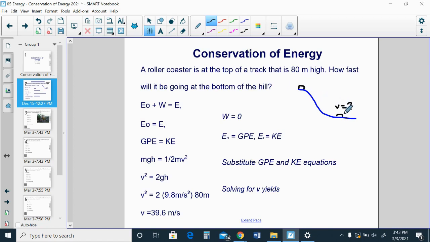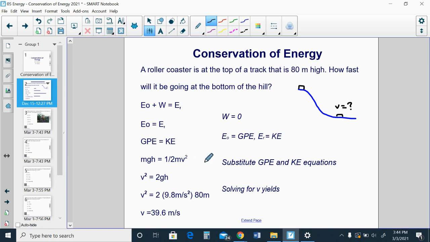Down here we'll have velocity but no height. So we can say that the GPE will be equal to the KE, the kinetic energy. Now the equation for gravitational potential energy is mgh, so we're just subbing that in. For kinetic energy, it's half mv squared.